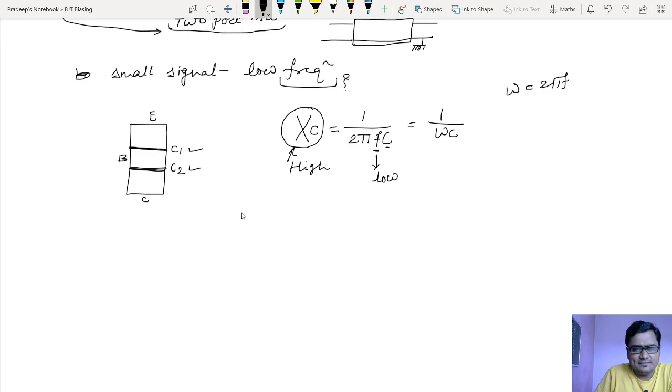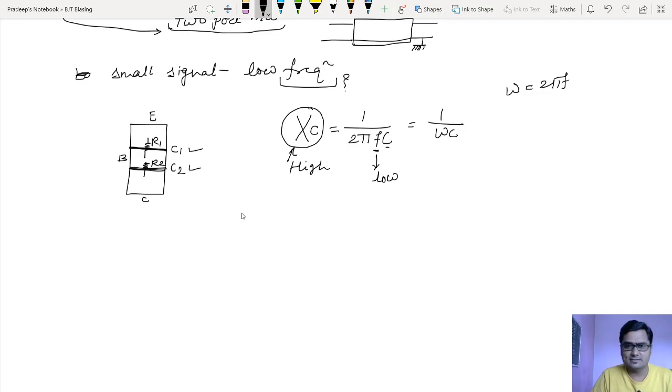Like this, I have junction resistors also. Let me call them R1 and R2. Don't get confused between this R1 and R2 and the biasing resistors R1 and R2. They have nothing to do with each other. They are completely different. I am using R1 and R2 just as vague notations, some name has to be given.